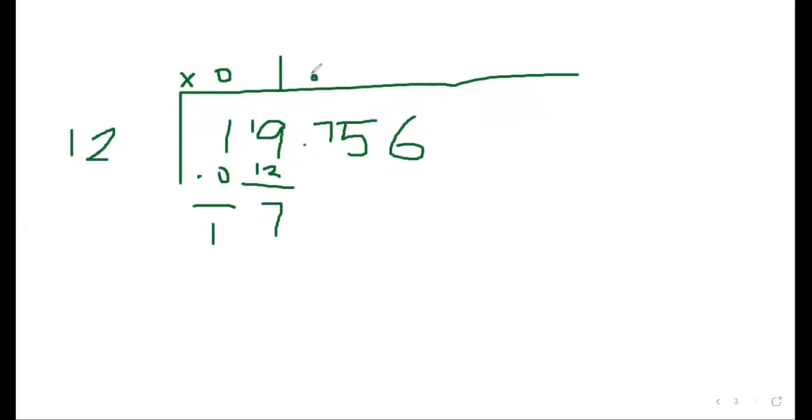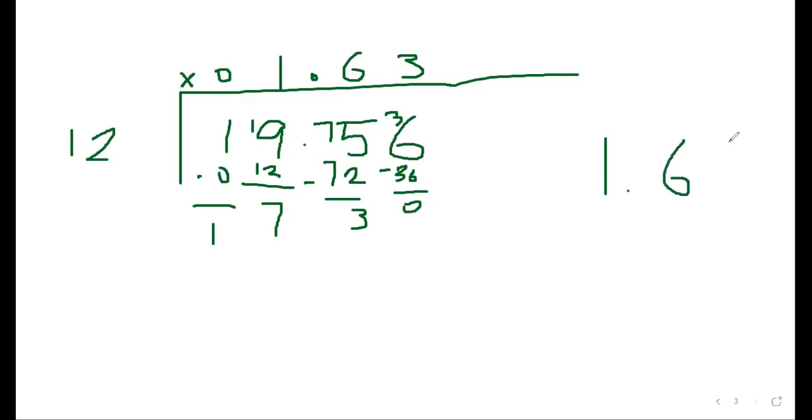So don't forget the decimal point. I can put now 6 here. Because 6 times 12 is 72, correct? Then this will be 3. Now I'll put the 3 there. So we have now 36 divided by 12 is 3. So that will be 36, 0. So the answer is 1.6.